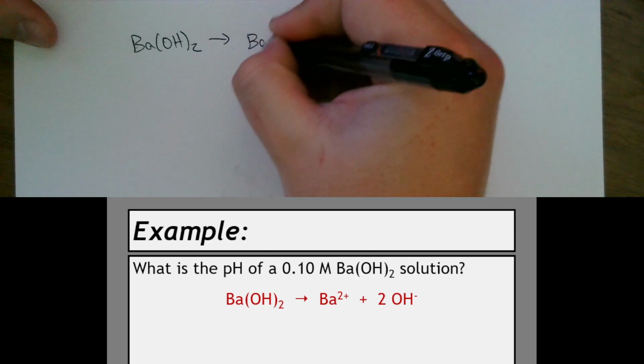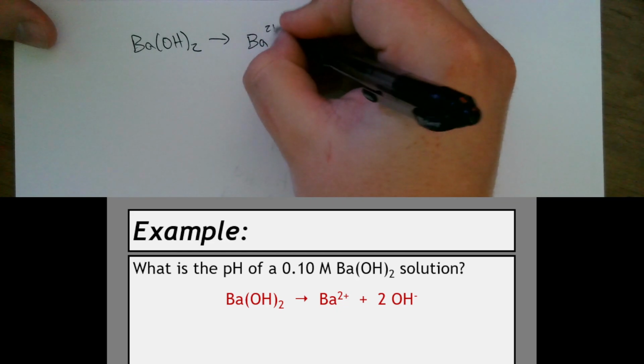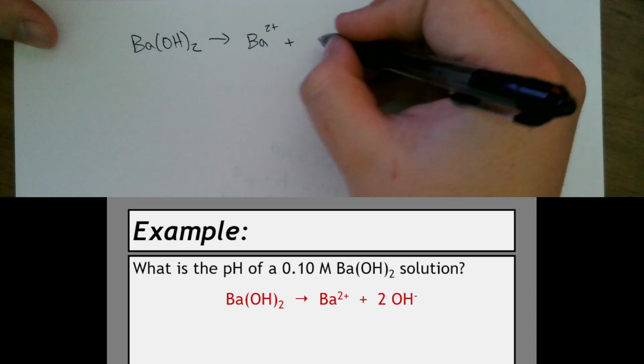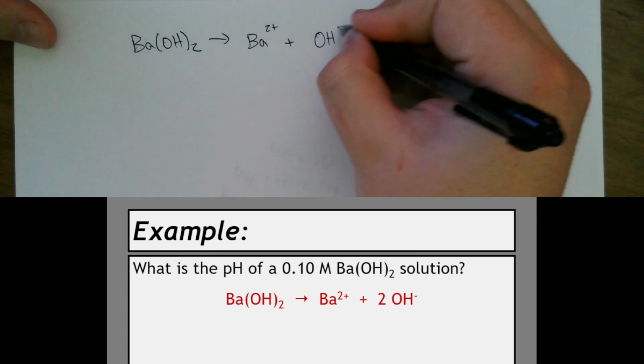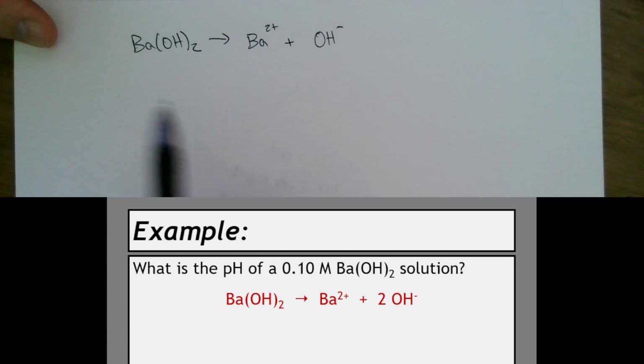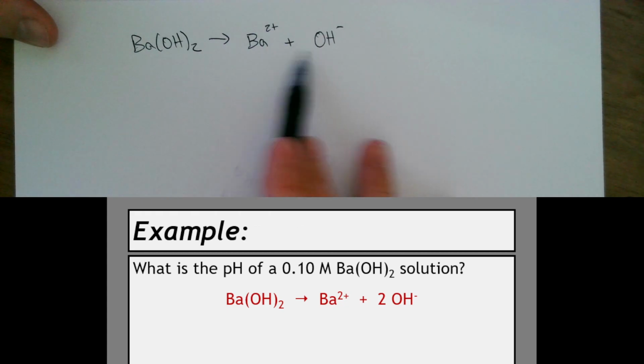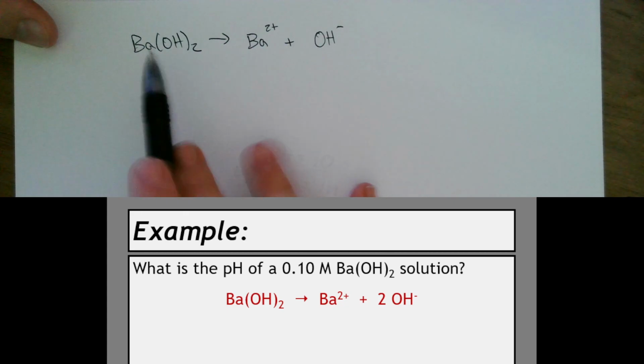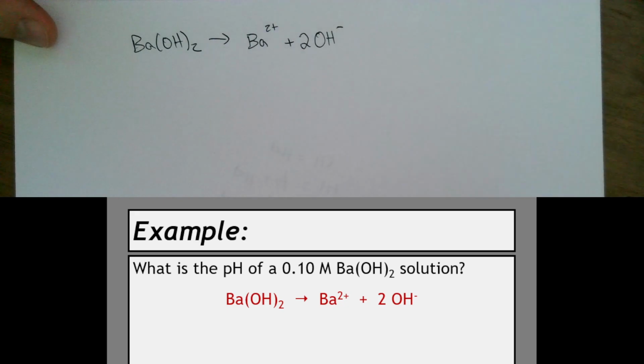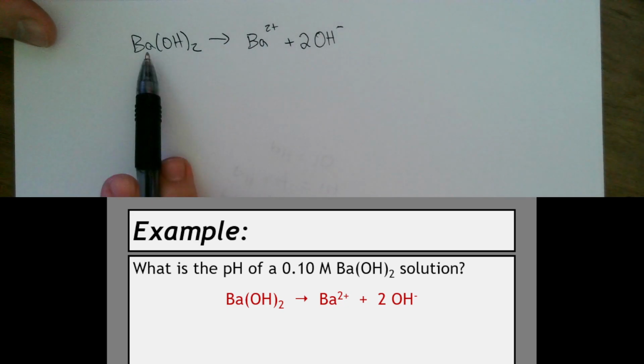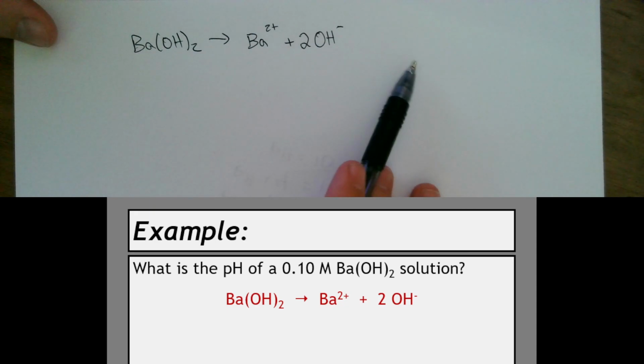This is going to split apart into barium 2 plus and OH minus. But I also need to make sure my reaction is balanced. I have 2 OH minuses here, so I need to have 2 OH minuses here. So this one actually splits into 2 OH minuses.